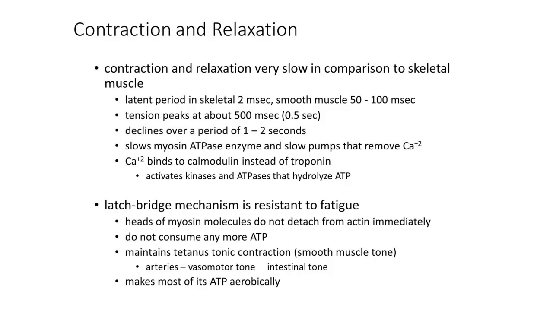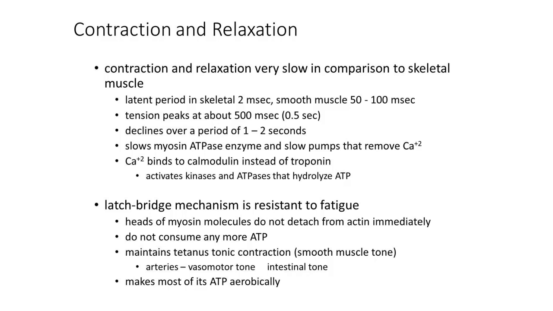But the contraction and the relaxation are very slow in comparison to the skeletal muscle. The latent period in a skeletal muscle is only 2 milliseconds, whereas in smooth muscle, it's 50 to 100 milliseconds. And the tension peaks at about 500 milliseconds.